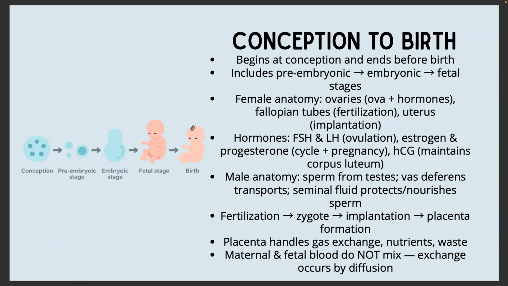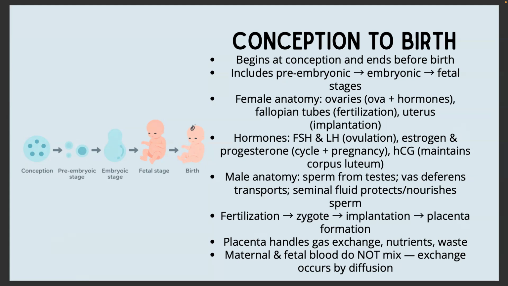Conception occurs specifically when the sperm fertilizes an ovum in the fallopian tube. Now, we'll learn later this semester that there's something called ectopic pregnancies, and that's when that fertilized egg implants in an improper place. Hormones here are going to be FSH, LH, estrogen and progesterone, and HCG.